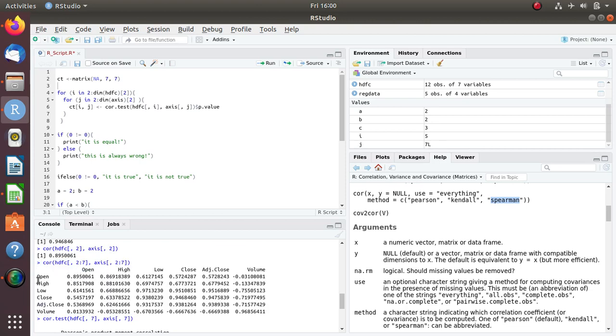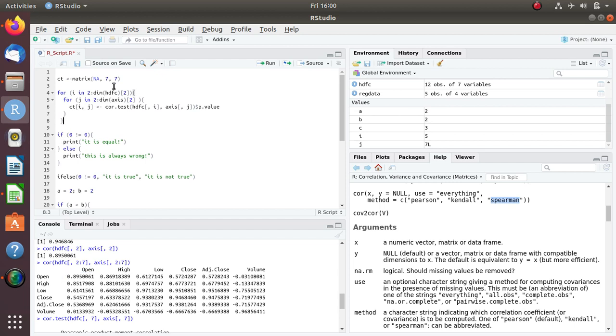Is there some certain association between the open price of HDFC and the open price of Axis, and is it true in the population? This is only a sample statistic, but can we find the same type of effect in the population? So we need to find the p-values for each of these Pearson coefficients R.